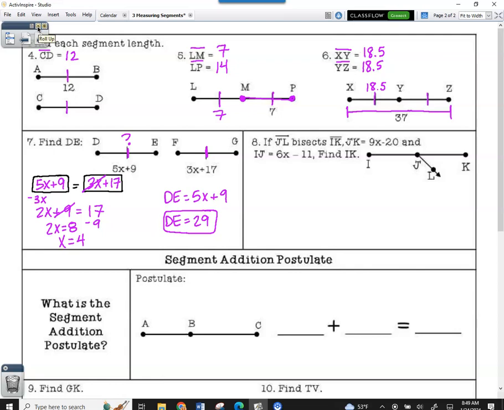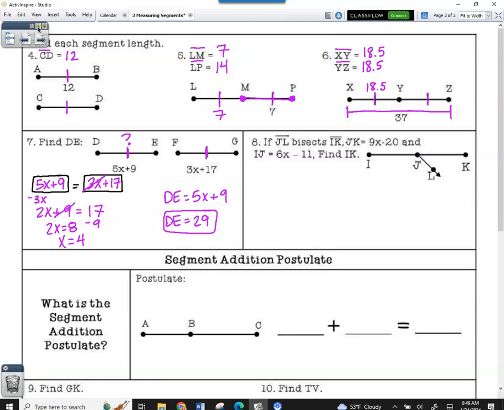It says if ray JL bisects segment IK, and JK is 9x minus 20, and IJ is 6x minus 11, find the length of IK. Okay, that's a lot. When you read it, you probably get confused. Go back to what I said yesterday. Take notes on your picture. Go to your picture and fill in all the info they just gave you.